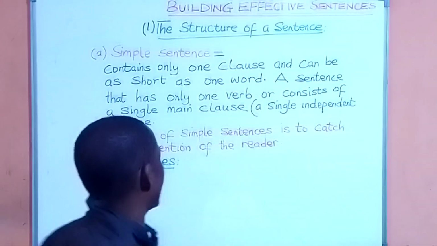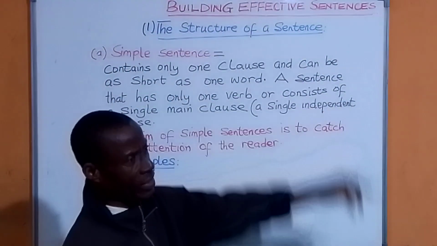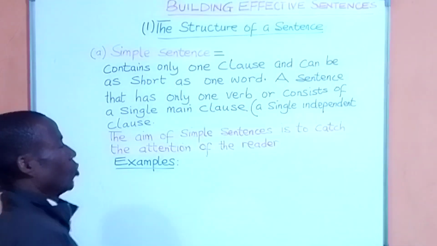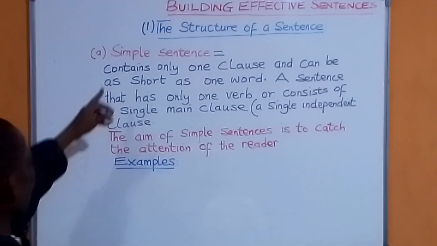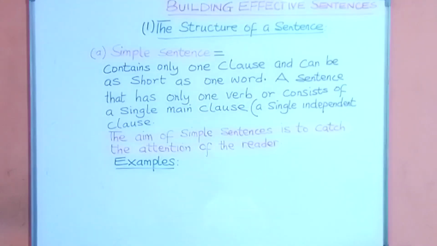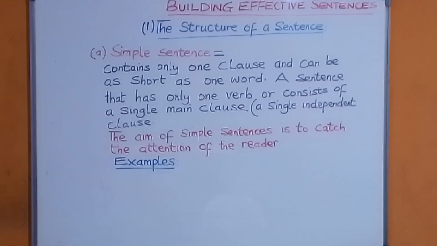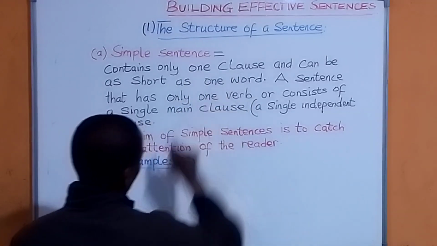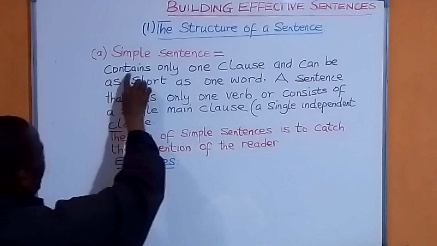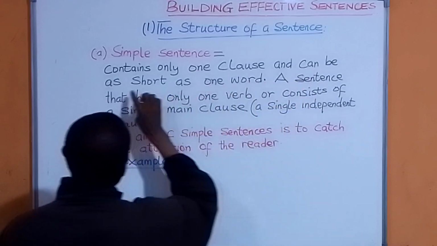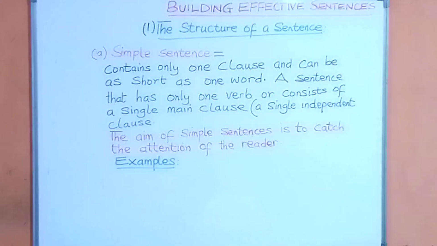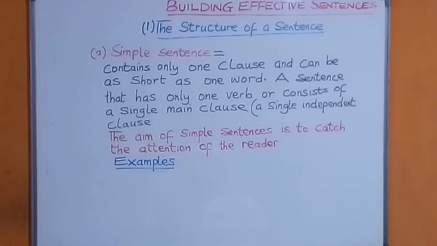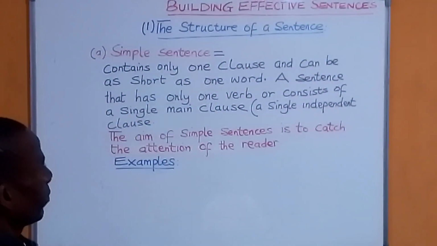In building effective sentences, we are going to look at the structure of a sentence, taking the first subtitle, the simple sentence. Now, what is a simple sentence? A simple sentence is a sentence that contains only one clause, and it can be as short as one word, like go, wow, stop.